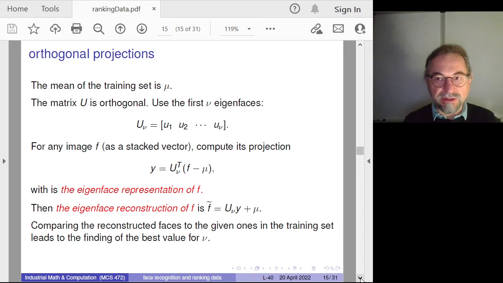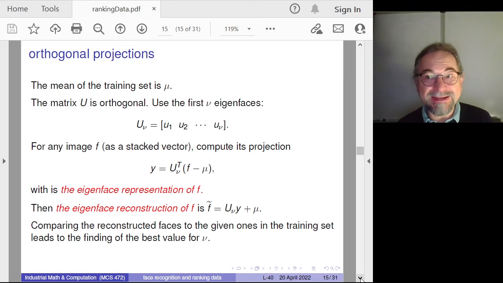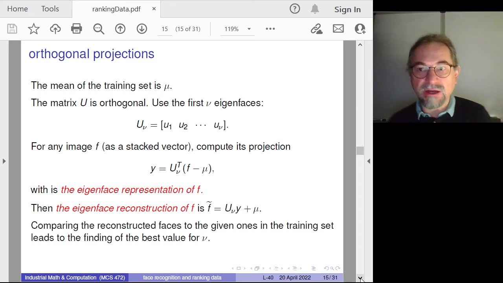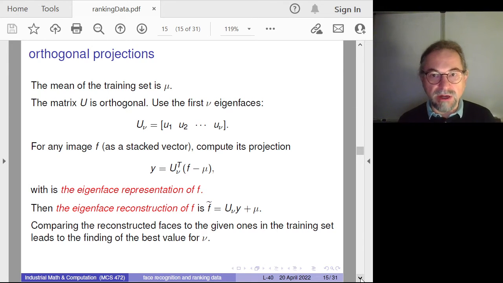So we take the transpose of the matrix U sub nu. The inverse is the original matrix, and that is used to reconstruct. So we have our training set. In this case, it were 600 images, and with that training set, one can look at how much the reconstructed images resemble the original images, and that gives an idea on how to choose the value for nu.